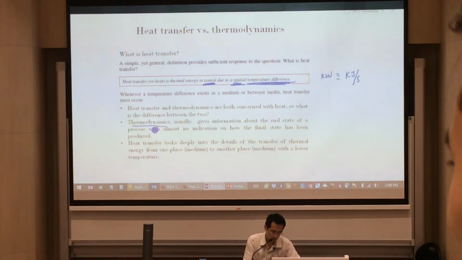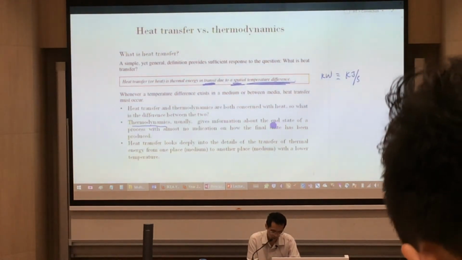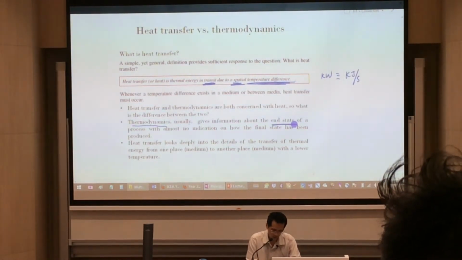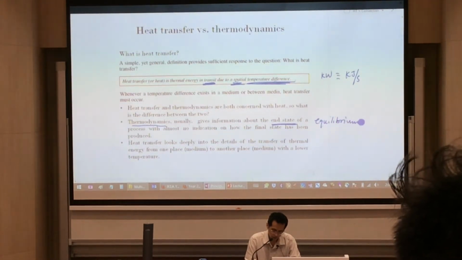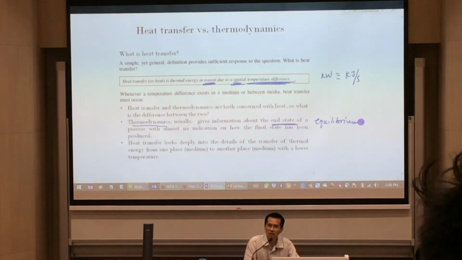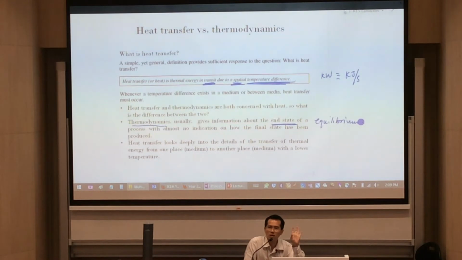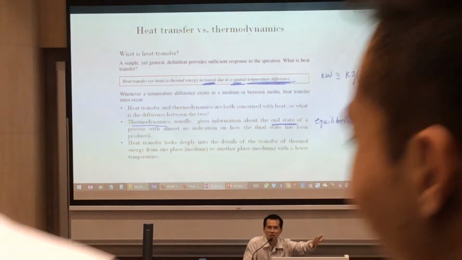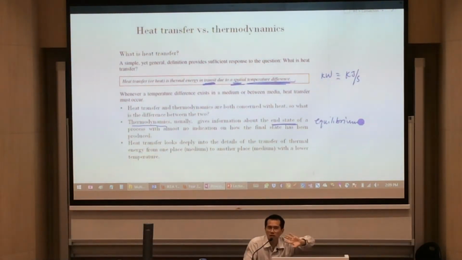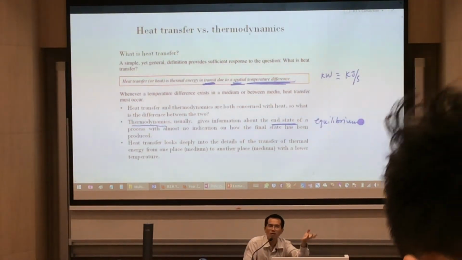If you were to take thermodynamics, you'll find that thermodynamics is about the end state. And very often we use the word equilibrium. Equilibrium means that there is this transit of heat, and after a while things settle down. And after things settle down, there's no more heat transfer, and you achieve this equilibrium state.